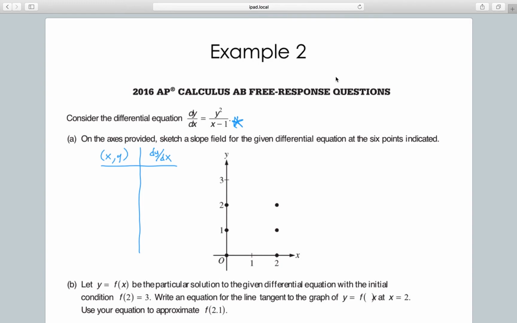So for those 6 points, let's see, what do we have? We got 0, 0, and it's y squared over x minus 1. So 0 squared over negative 1 is 0.